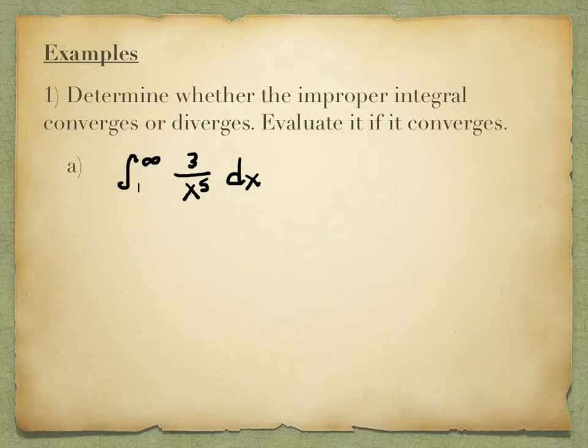So there's a little bit different notation that gets involved here because of that infinity. So here's the notation. We have to introduce a limit. You can call it whatever you like. Your book tends to use b, as b goes to infinity. And we're going to rewrite the integral, and in place of where the infinity was originally, we're going to put the letter b.